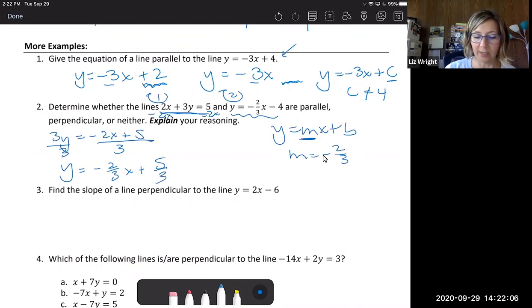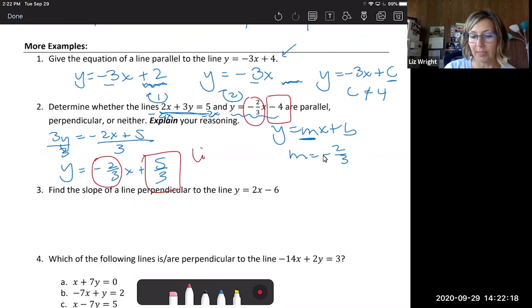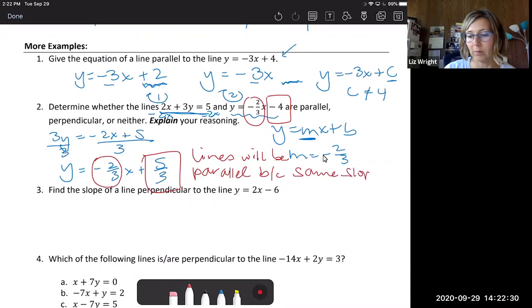So what I see here is that the slopes are the same and my y-intercepts are different, which means that those two lines are going to be parallel. So lines will be parallel because same slopes and different y-intercepts.